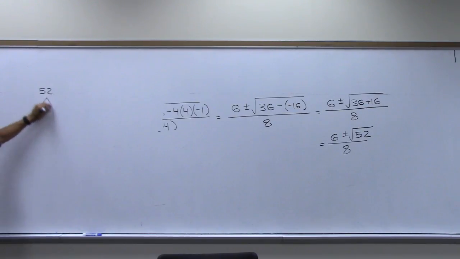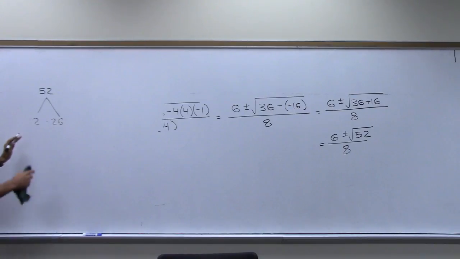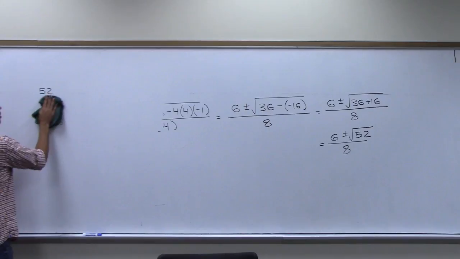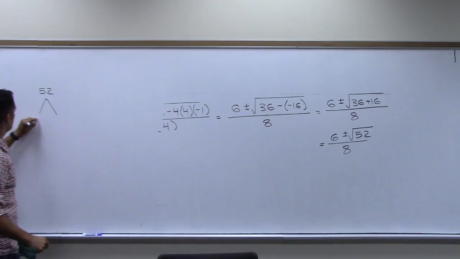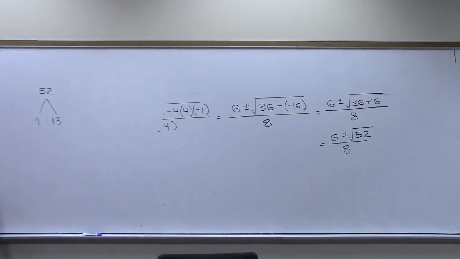I know that you can break this down to be like 2 times 26, right? Something like that. But, okay, so 4 and what? 13. 4 and 13. So what we're looking for is, does a perfect square go into this? 4 and 13. Okay? And 13, does that break down?